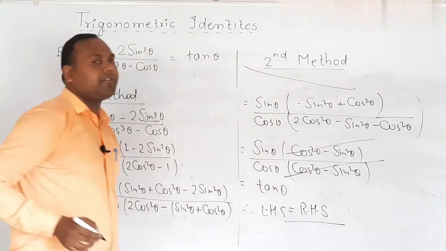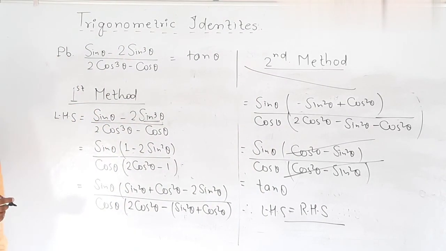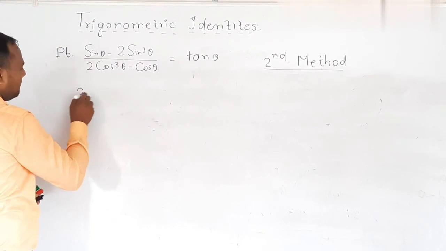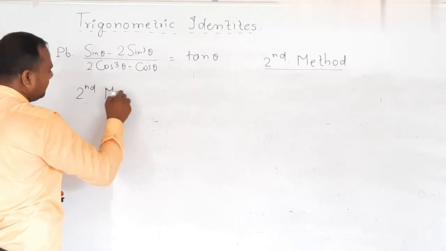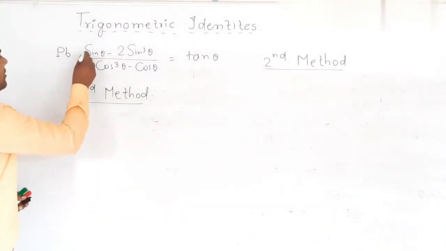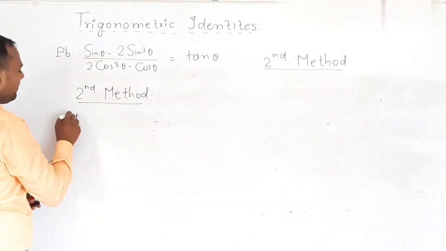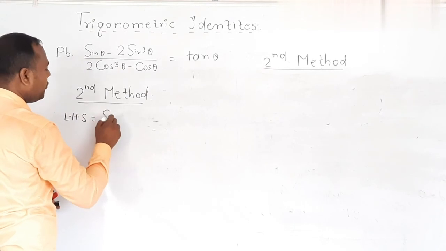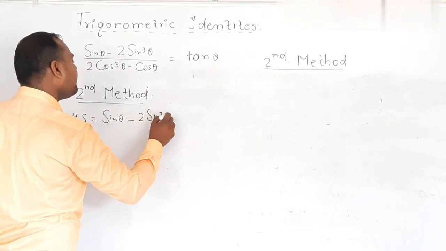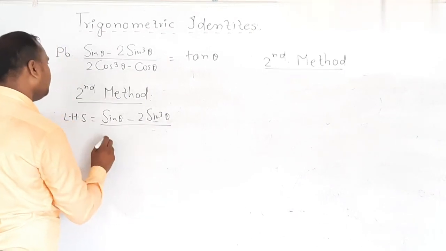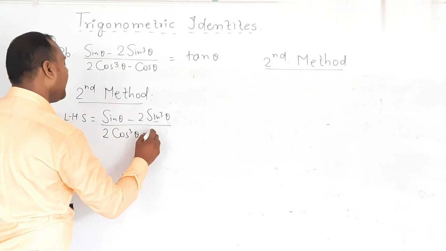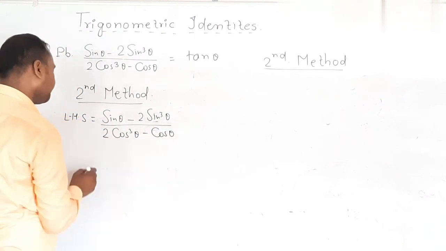Please take a screenshot. Now let us do the second method. The second method is: LHS will be equal to (sin θ minus 2 sin³θ) divided by (2 cos³θ minus cos θ).